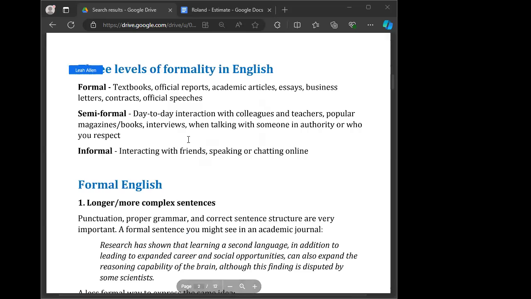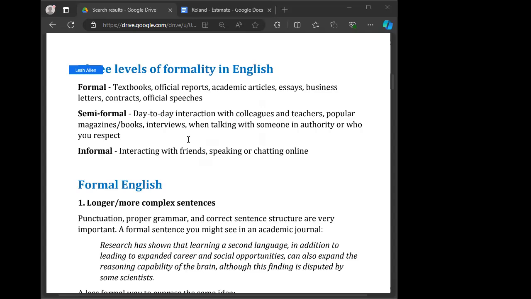Okay, now we also need to know the levels of formality of English. Formal language is going to be required for textbooks, official reports, academic articles, essays, business letters, contracts, and official speeches.